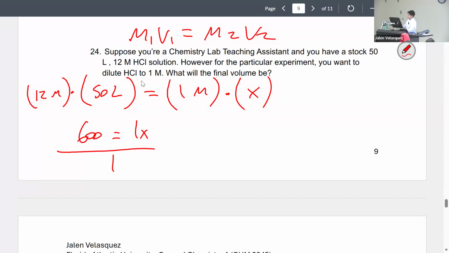Divide by 1, and what's our final volume? 600 liters. Okay, so I kind of used some unrealistic numbers here, but all right. And remember X, this is V2. Hey, any questions about dilution?